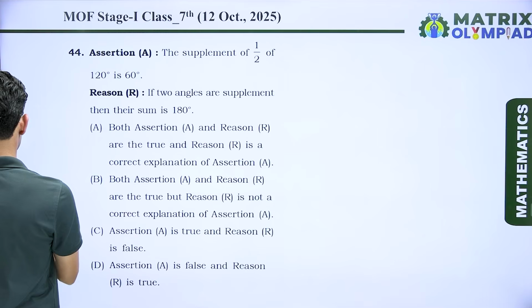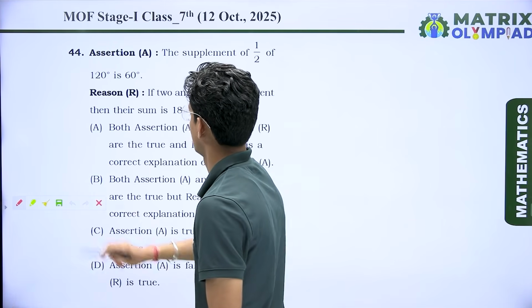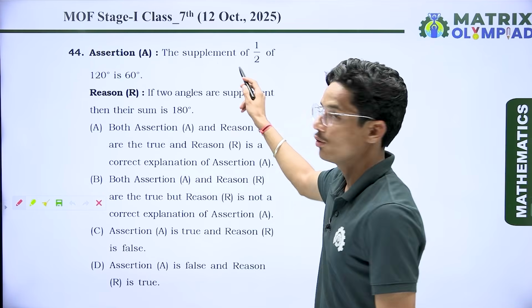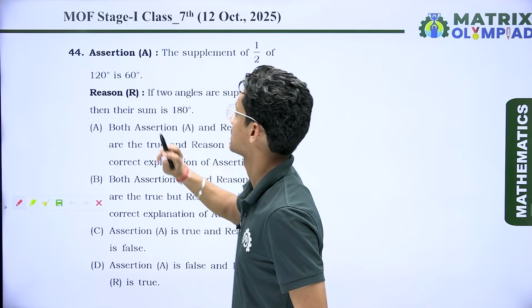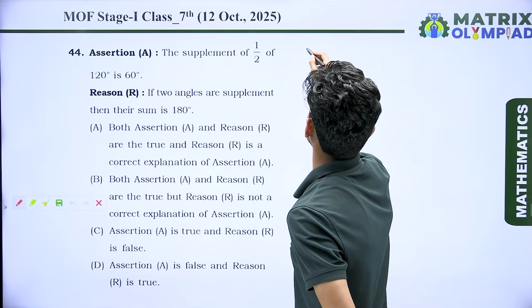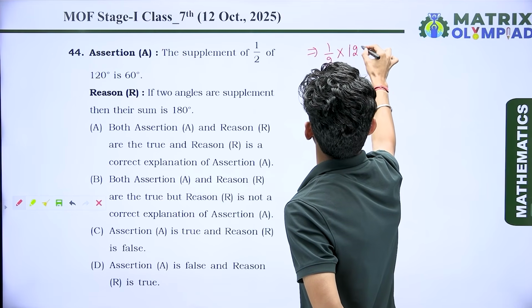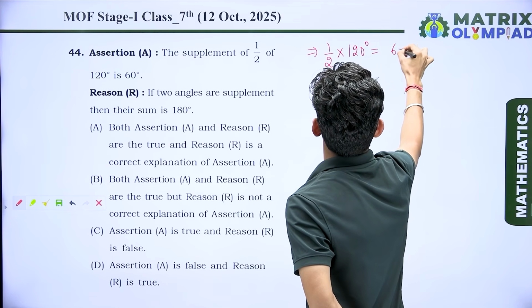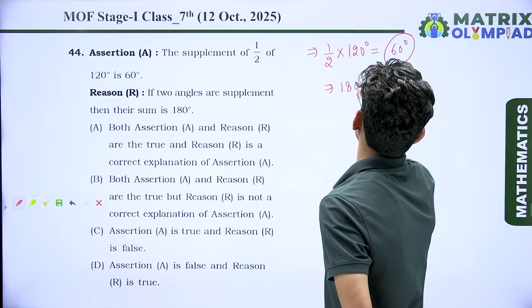So now if I talk about the next question, that is: assertion, the supplement of half of 120 degrees is 60 degrees. So we have to find the supplement of half of 120. It means 1 by 2 multiply 120 degrees, that is 60 degrees. So we have to find the supplement of 60, that is 180 minus 60 degrees.